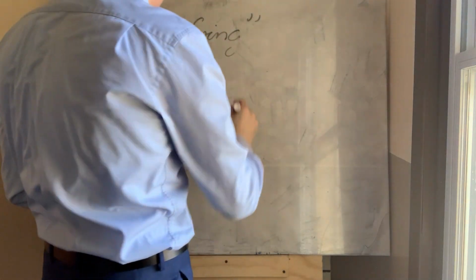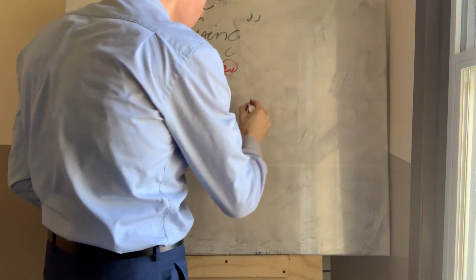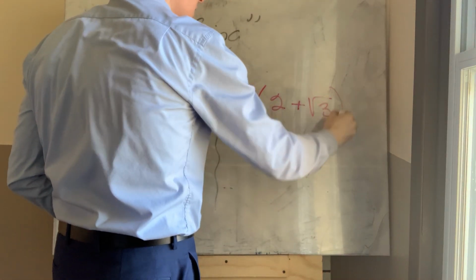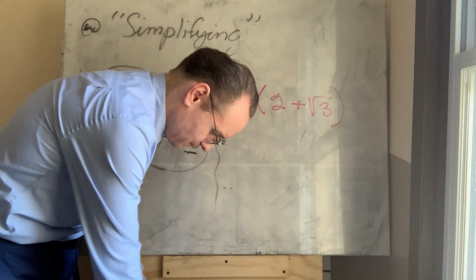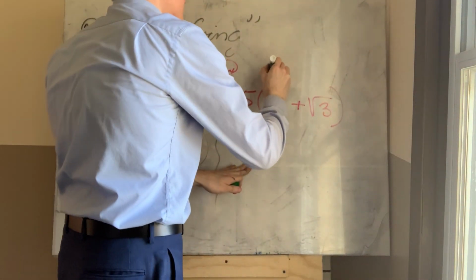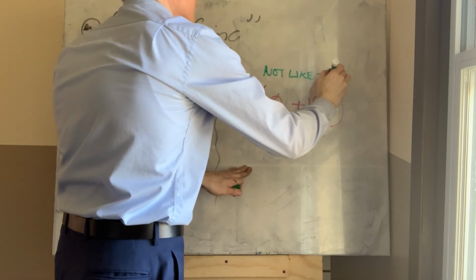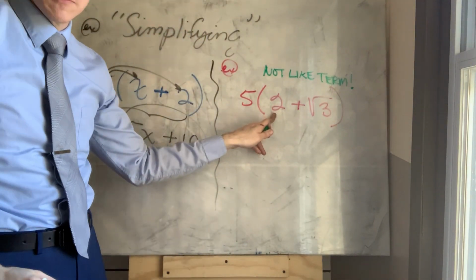If you had, and I want to say recently we're talking about radicals, 5 times 2 plus the square root of 3. These are not like terms. One is a radical and the other is an ordinary number.